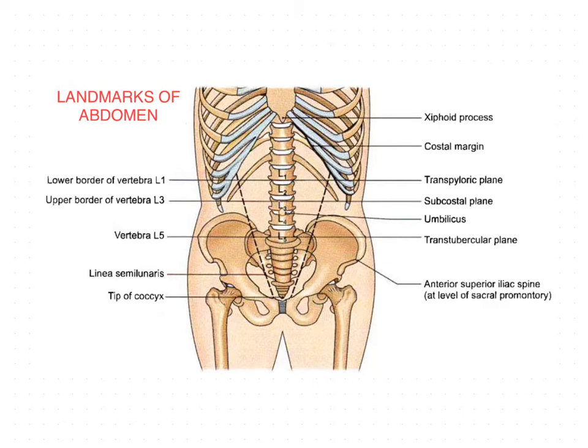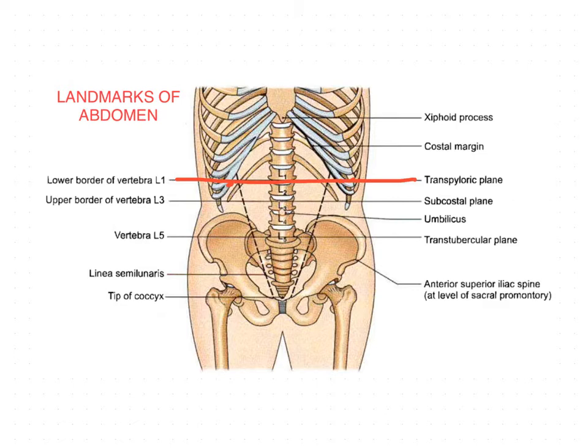So again, this is the tip of the 9th costal cartilage. Posteriorly, it passes through the lower part of the first lumbar vertebra. So this line represents, posteriorly, the level of the lower border of the L1 vertebra, the first lumbar vertebra.